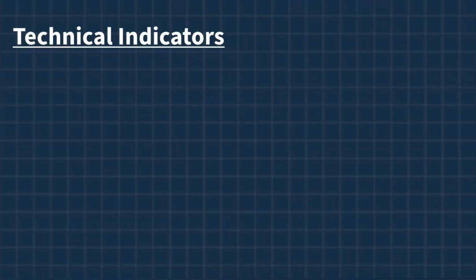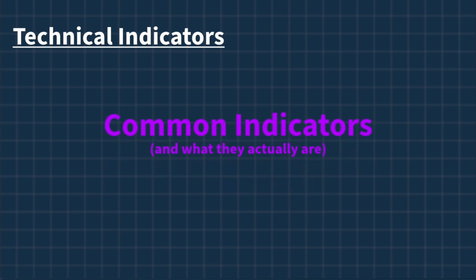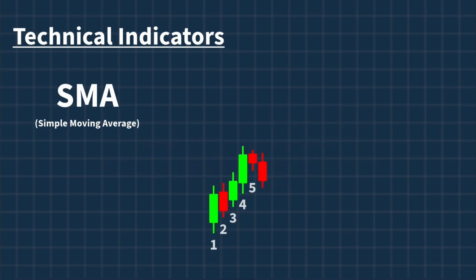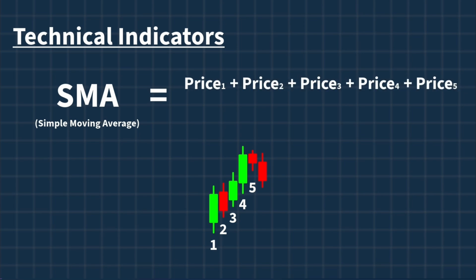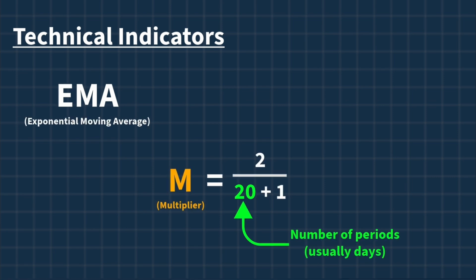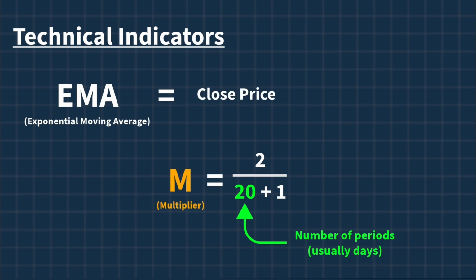Here are a few of the most common indicators so that you get a better understanding of what I mean. There's simple moving average, which takes the average of price points over a period. Then there's the exponential moving average, or EMA, and you calculate a multiplier using an arbitrary number essentially, and then the EMA is the close price times the multiplier plus the previous EMA times 1 minus the multiplier.